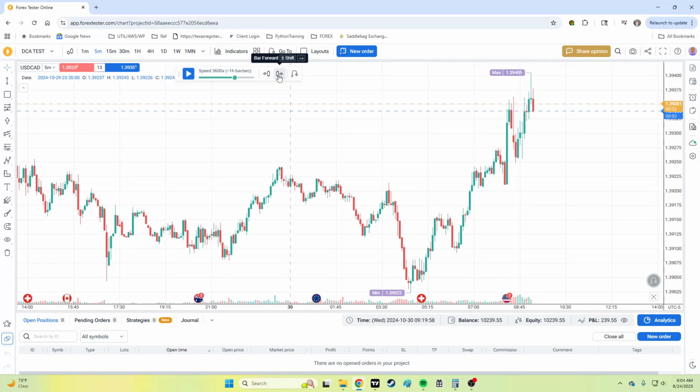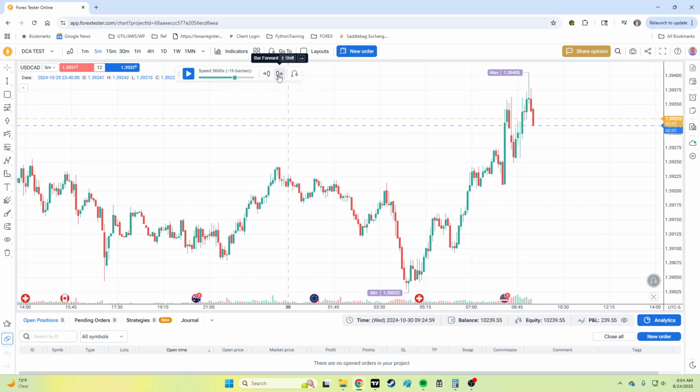You can do this over and over and over again, but eventually, the longer you do it, you'll blow an account up. It's very difficult, especially as a beginner, not to blow an account up doing this. But at the same time, it gives you a ridiculous win rate on stuff.